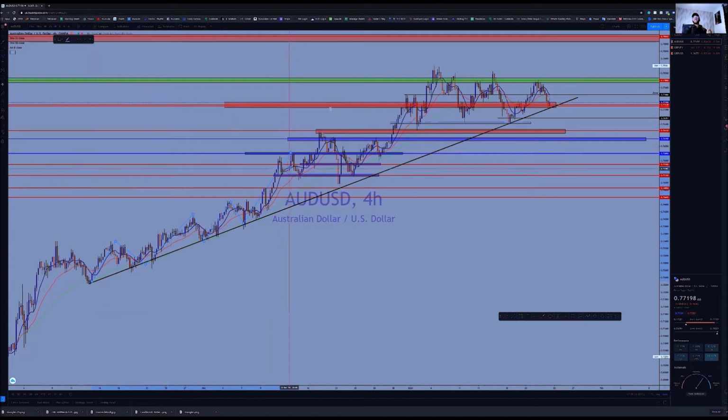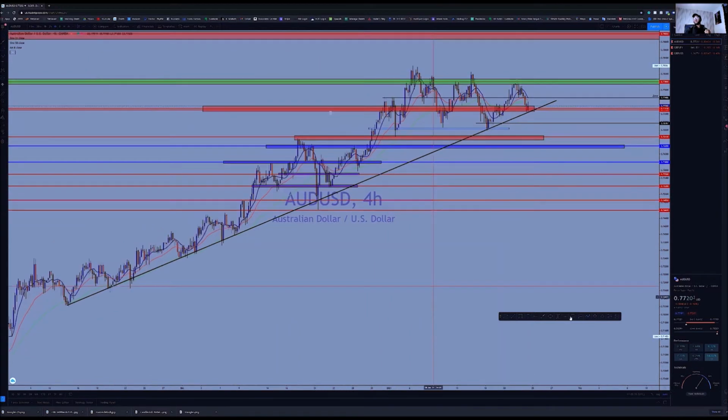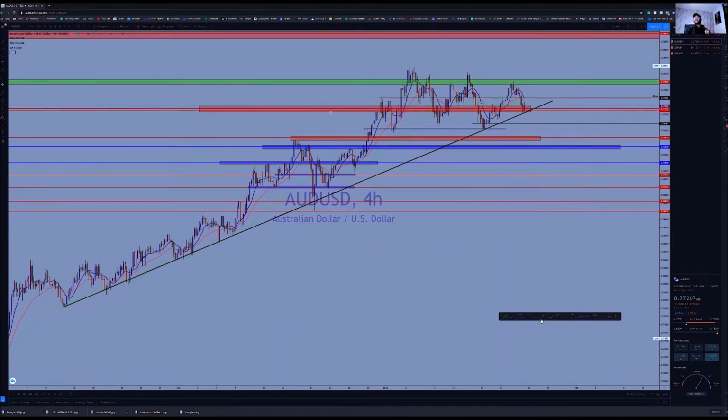So I know we're in an uptrend, and I see my trend line. I drew this trend line. This is my trend line.